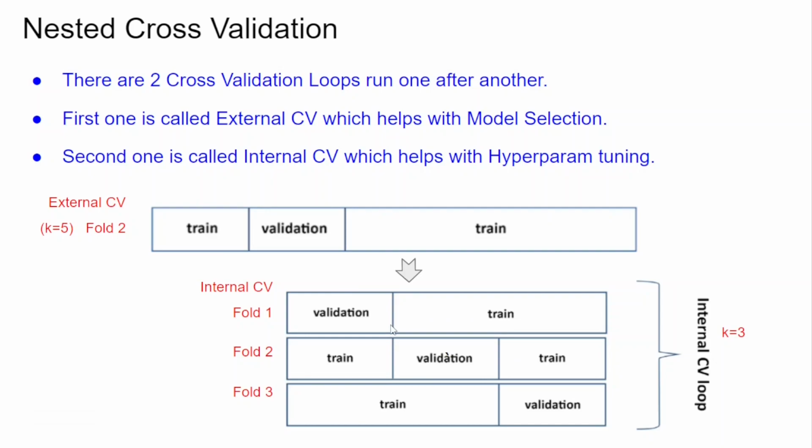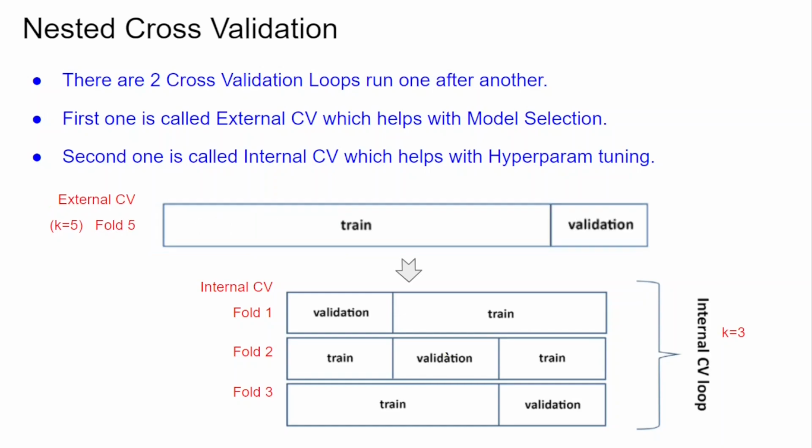I'm going to come back and address questions, but let's just finish this segment. We keep going on and on, where my external cross-validation is done with k equal to 5. So in this case, I've run 5 cross-validations, but my internal cross-validation is done only with k equal to 3. This was a conscious choice we can make.